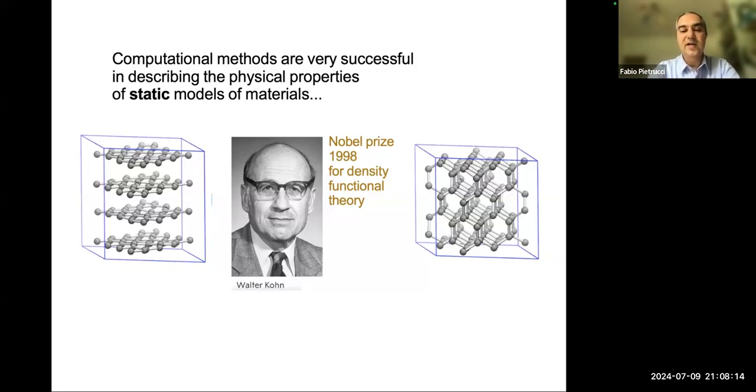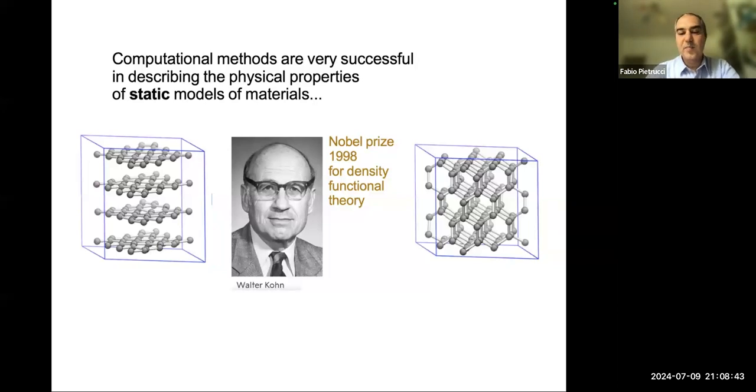For example, here there are examples of graphite and diamond. And of course, a large part of our community is involved in creating and studying static models, meaning models where we carefully choose the atomic positions, and then we are interested in studying, for example, electronic properties, vibrational properties, and so on, without necessarily displacing the atoms, without necessarily studying the time evolution of the atoms.